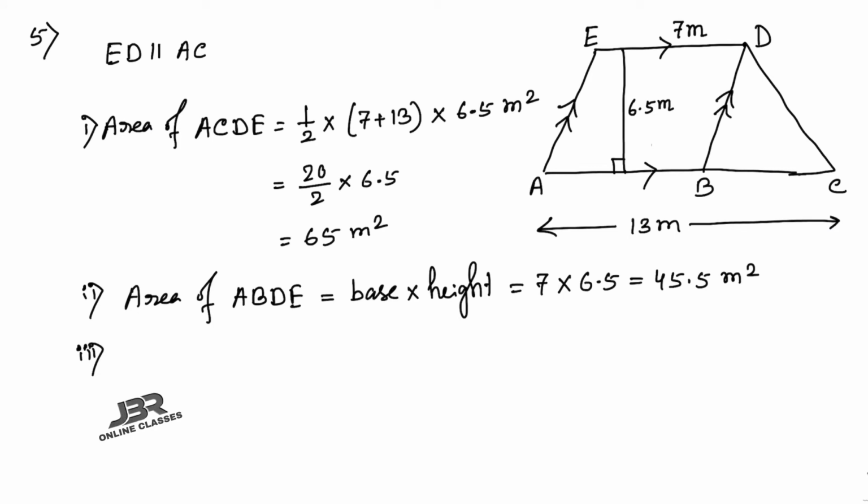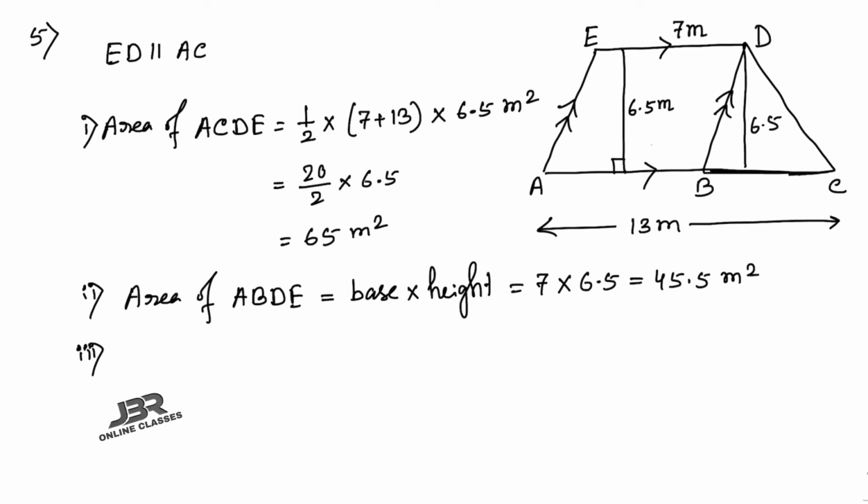Now the third one. Here you have to find the area of the triangle BCD. For the triangle BCD, the height is also 6.5. Now you have to find the base only.